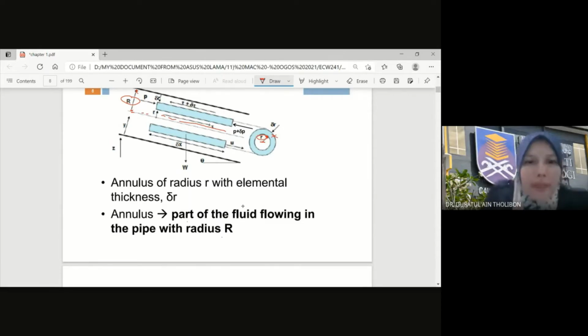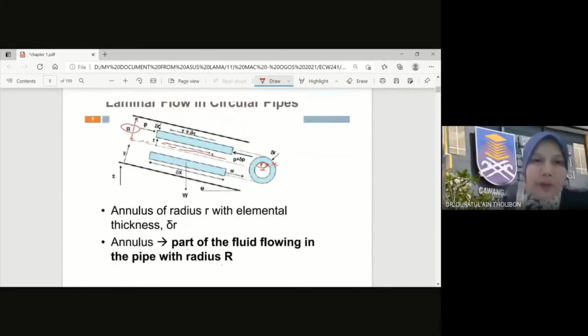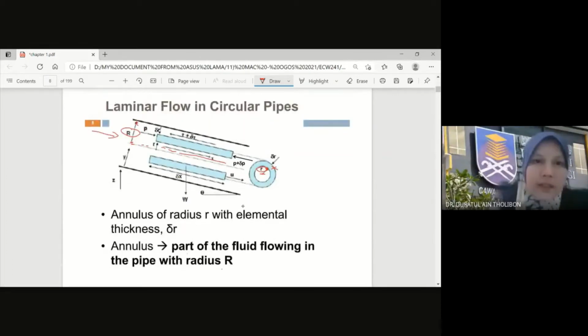And then we have the friction. Friction means that when we have flow in the pipe from the upper direction to the lower direction, definitely we have a friction yang akan in the opposite direction, menentang arus air itu. That is called shear stress, friction, geseran. Force yang menghalang dia untuk bergerak ke bawah.